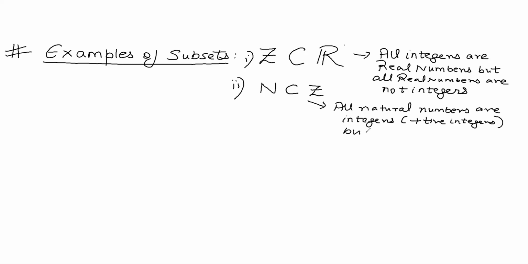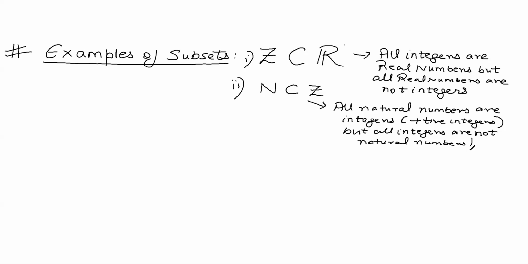But all integers are not natural numbers. Example, -1 is not a natural number, but 1 is a natural number also, 1 is an integer also. So I hope all students have understood the mathematical example of subsets.